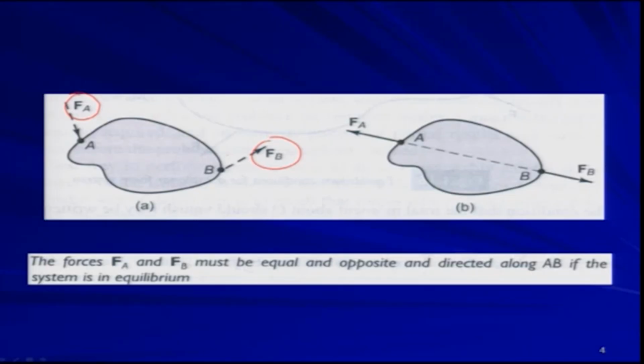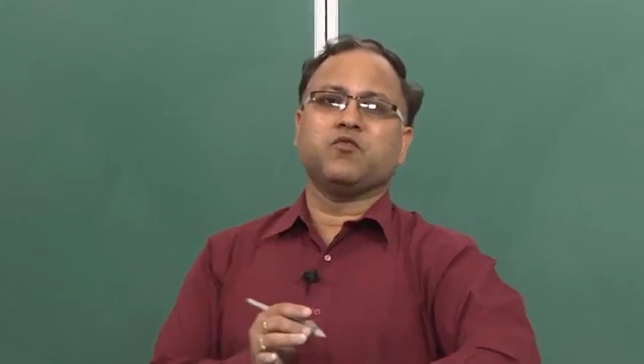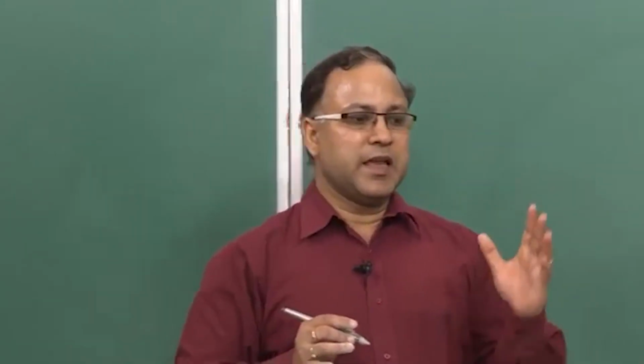Now, if you think about the equilibrium condition, what was the equilibrium condition? So, only forces are acting. Now, the resultant force must be 0. Now, to have the resultant force 0, that means FA plus FB must be 0.